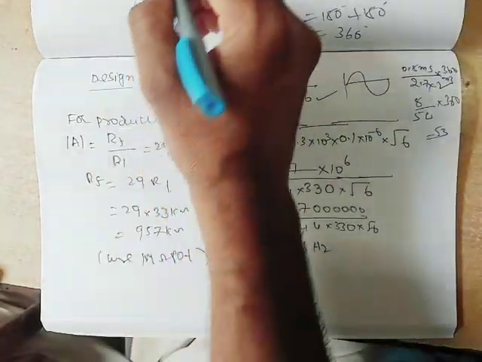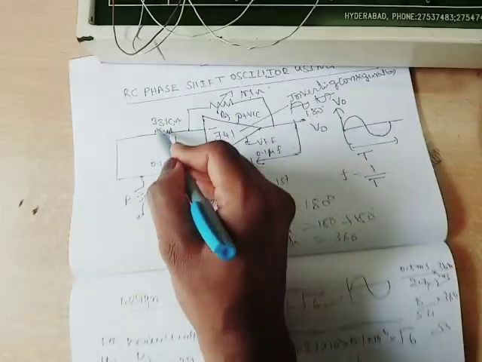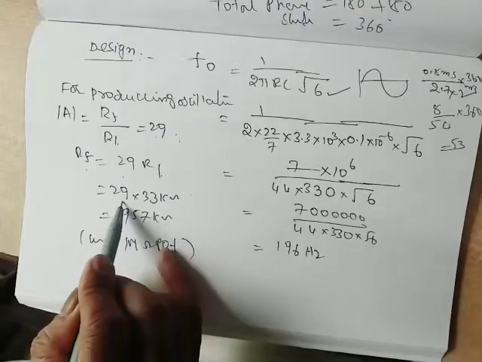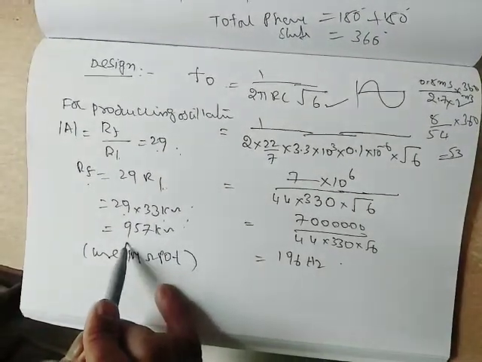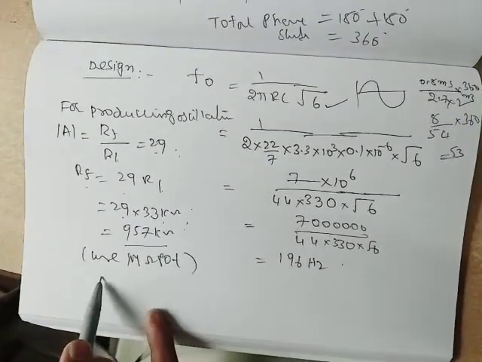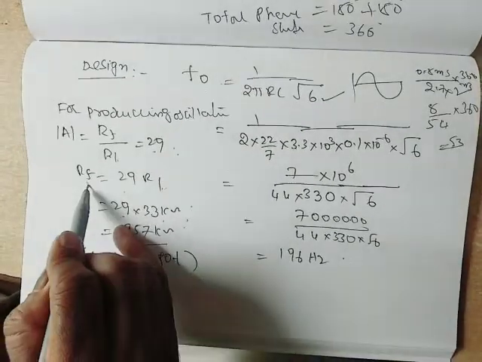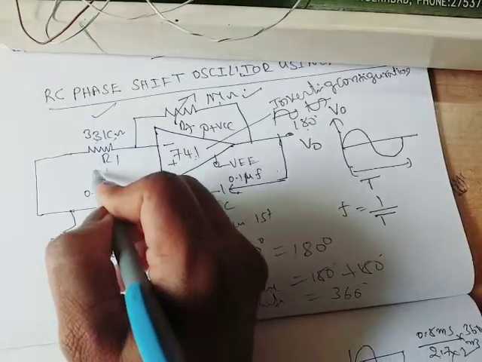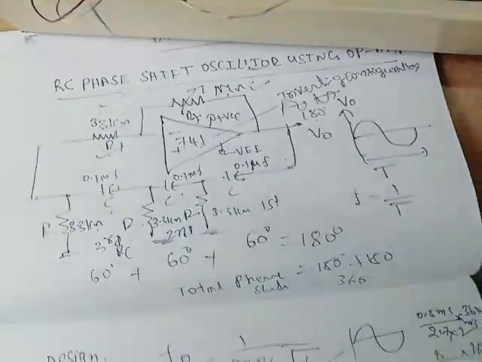Let R1 is equal to 33 kilo ohms. Therefore 29 into 33 kilo ohms is equal to 957 kilo ohms. Use 1 mega ohm preset. Therefore RF is equal to 1 mega ohm preset, R1 is equal to 33 kilo ohms.